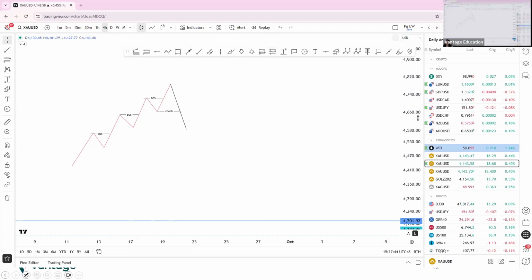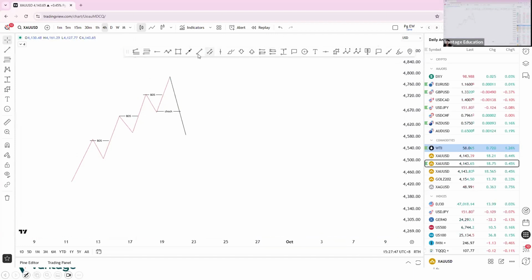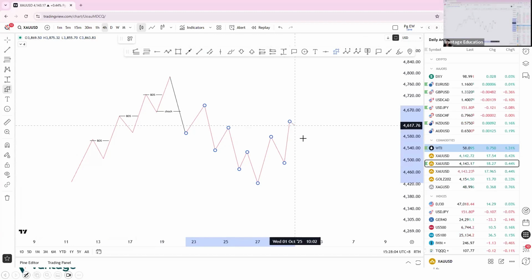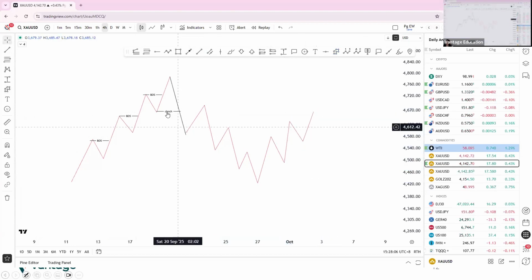And over here, you wait for price to continue to make the lower low, lower high, lower low, lower high, lower low, lower high, lower low, higher high, higher low, higher high, higher low, higher high, right?